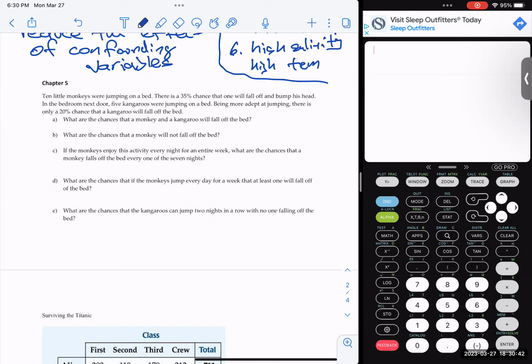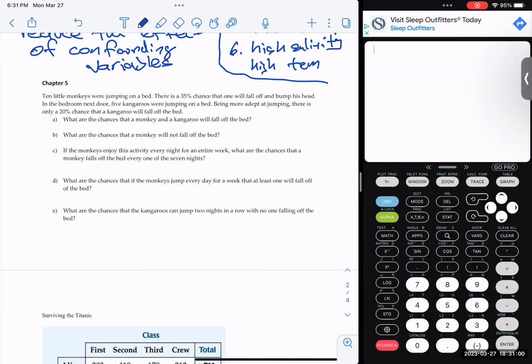So we can assume a monkey falling or not falling isn't going to influence a kangaroo falling or not falling. I'm going to also say that about the animals in the same room. Whether one falls or not is going to be independent of the others. Okay, so having said that, let's see if we can answer these.